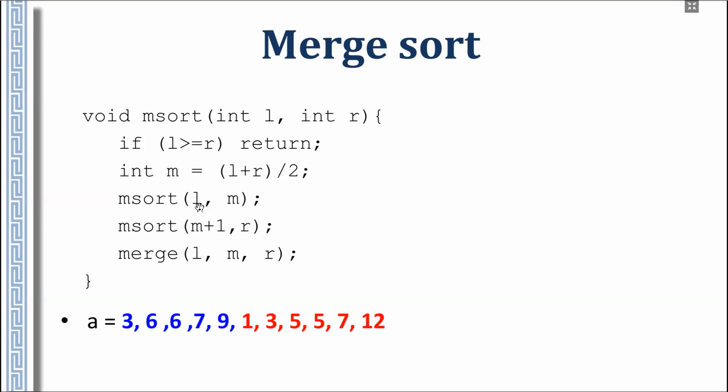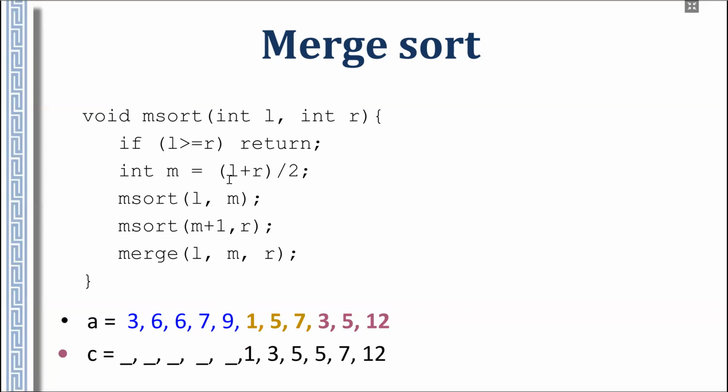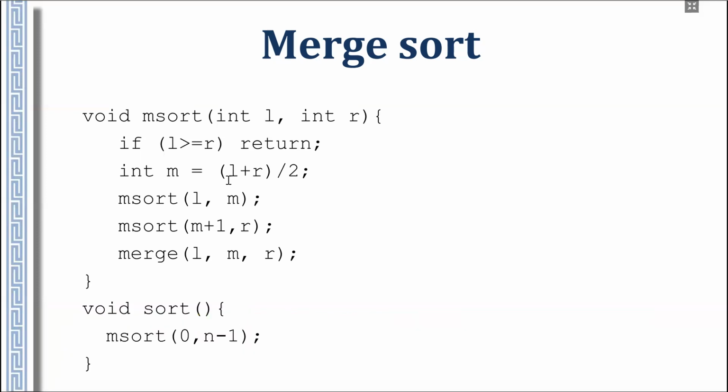Sorting each part is the same: we split it into two parts, sort each of them separately, and then merge. So on, until we get an array of a single element, where L is equal to R. In that case, we stop. We sort each part separately. For sorting the whole array, we sort it from 0 to n minus 1.